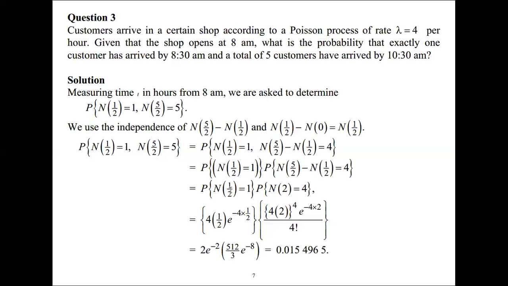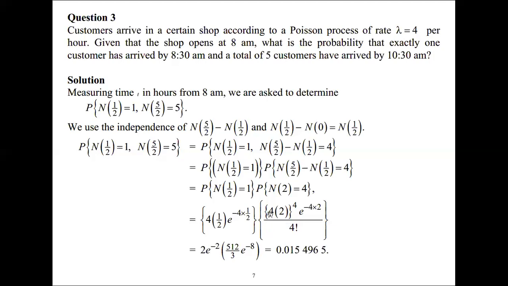So here lambda will be equal to 2. And for a duration of 2 hours, how many events are likely to take place? It will be lambda times 4, which is 8.